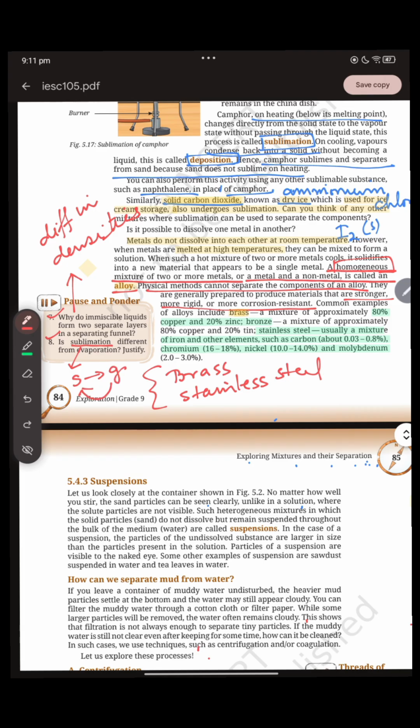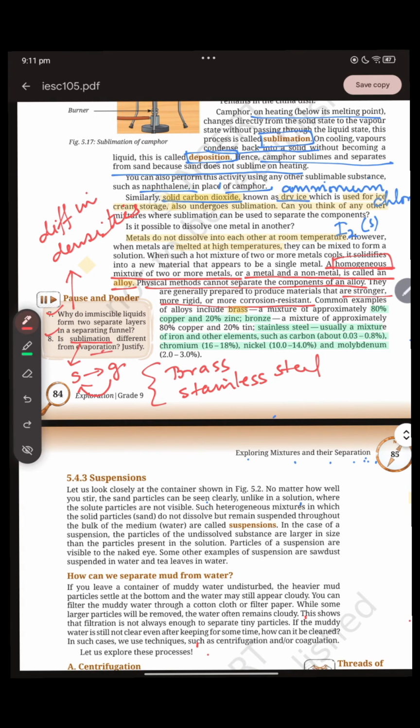Though we have seen that one is named as sublimation and the other is named as deposition, but keep in mind the interconversion between the solid to the gaseous phase without undergoing the liquid state is known as sublimation, whereas evaporation means a liquid going to the gaseous phase or the vapor phase. That is evaporation, and this is how they are different. They are not the same, right?